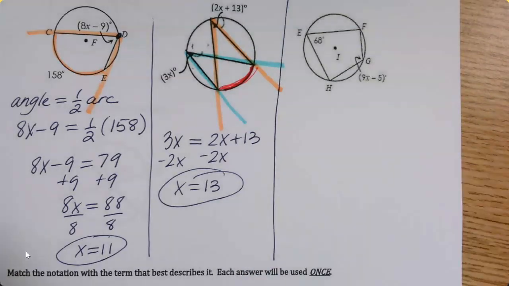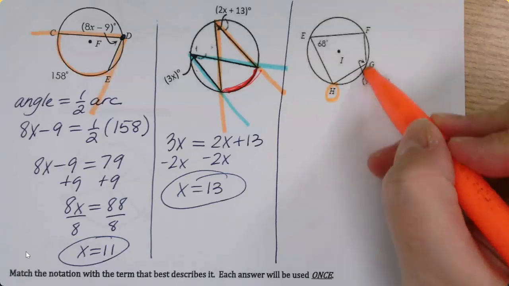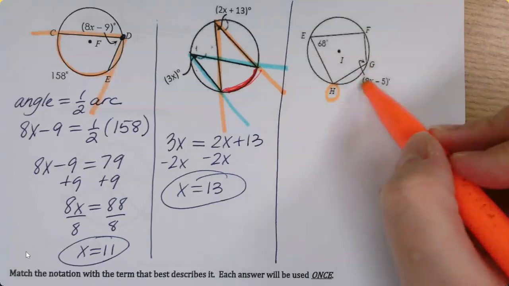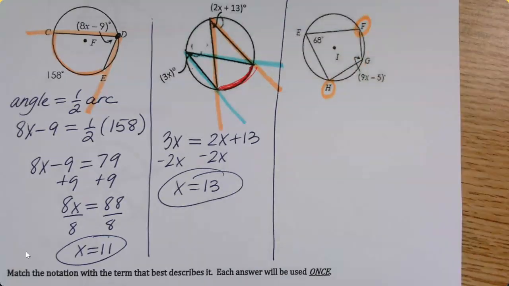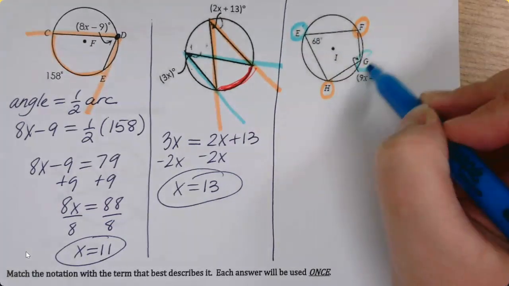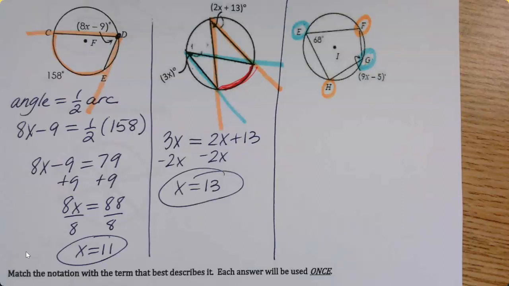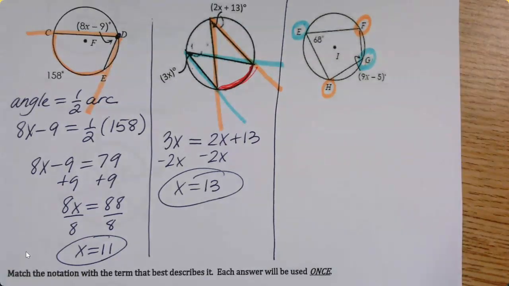What I mean by opposite angles is not next to it, but across diagonally, so to speak. These angles, angle E and angle G, those are opposite. Okay, so opposite angles in an inscribed quadrilateral always add up to 180.